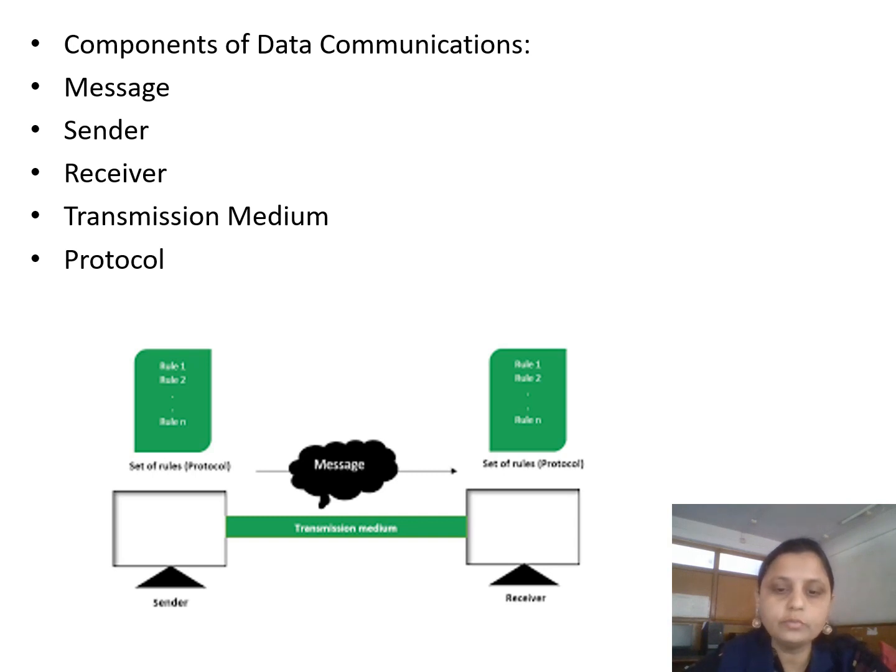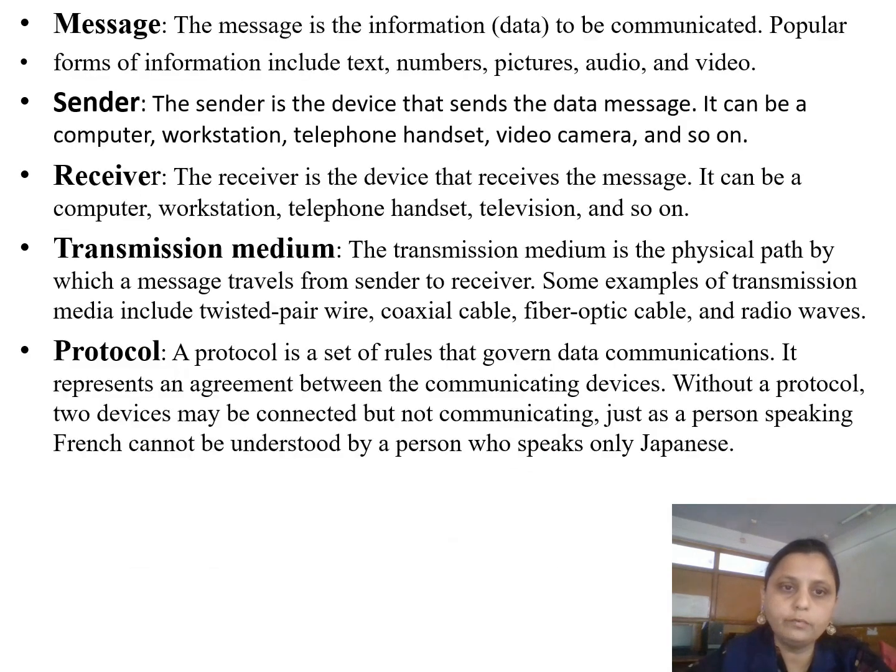What do we send from sender to receiver? We send the messages. For that purpose we use a set of rules, and a set of rules means protocol. So see one by one these components.